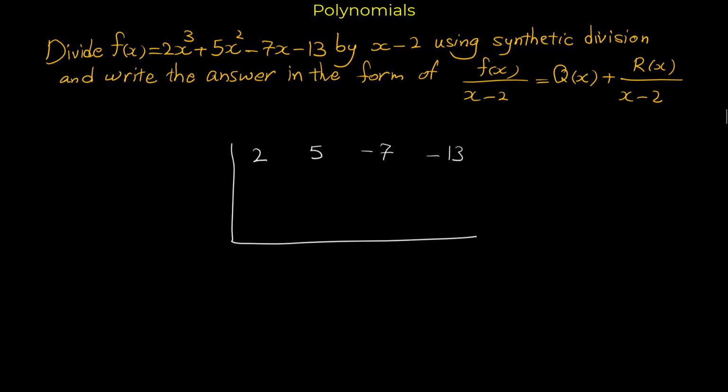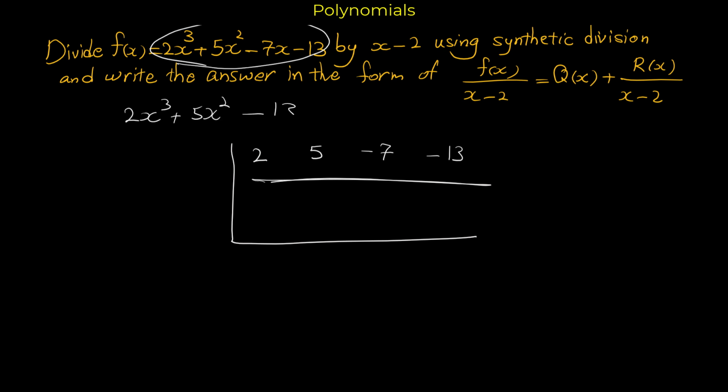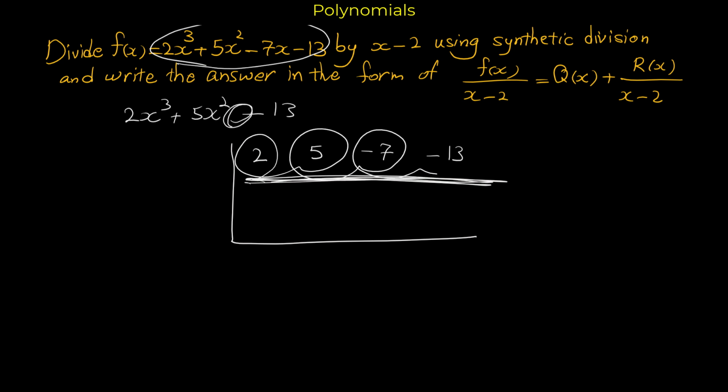I have to mention something very important here. Suppose this polynomial was in the form of 2x to the 3 plus 5x to the 2 minus 13. So the x term is missing here. We don't have any term with x. Then when you are going to write the coefficients here, please pay attention. You have to write 2, 5, but we don't have any x. So immediately maybe you think you have to put -13 here. No. If you do it that way, you are not going to find the answer correctly.